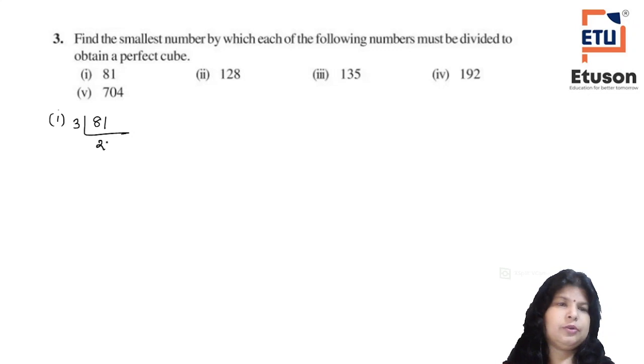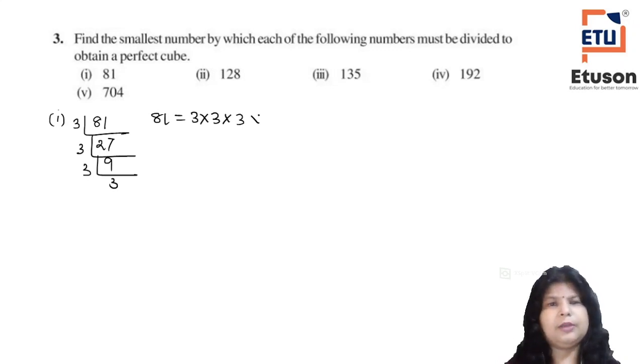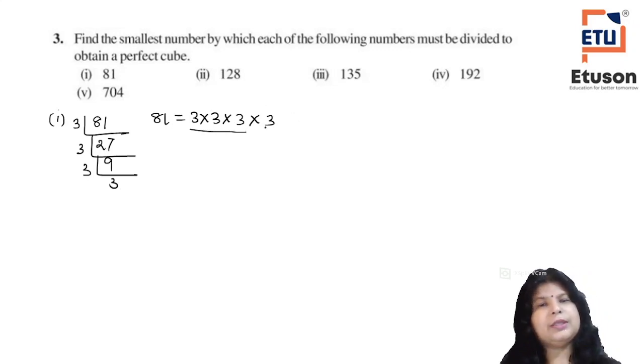So 3, 27, 3, 9, 3, 3. So you just check, you have 3 into 3 into 3 into 3. You formed a set of 3, and what is extra? This 3. So this 3 has to be divided to obtain a perfect cube.